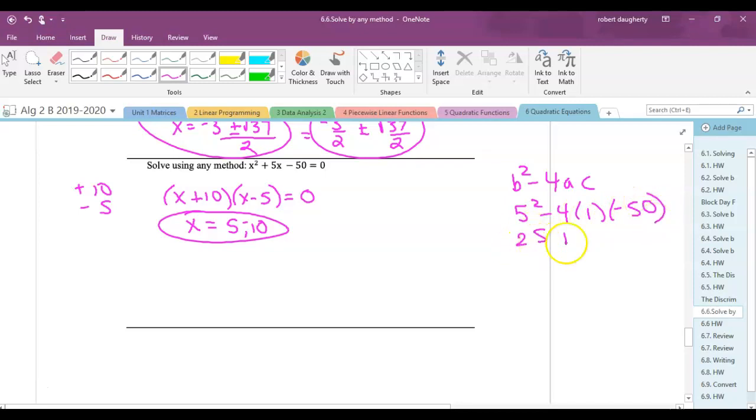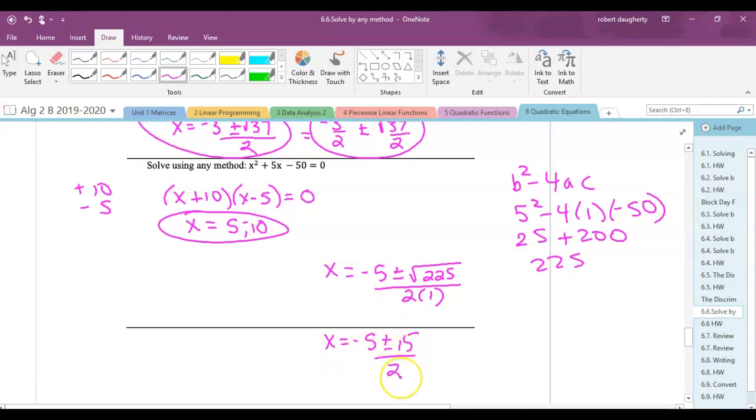So that's 25 plus 200, which is 225. That's a perfect square. That's 15 squared. So x is equal to negative 5 plus or minus the square root of 225 over 2a. So this is x equal negative 5 plus or minus 15 over 2.